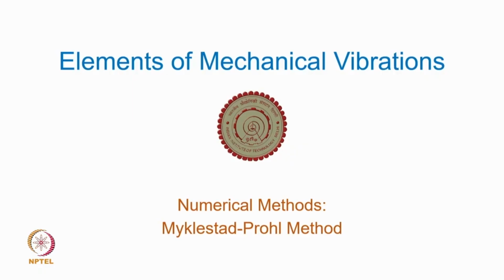Hello and welcome to this lecture of the course Elements of Mechanical Vibrations. In the previous session, we discussed a transfer matrix method for solving torsional vibration problems, which we know is called Holzer's method, wherein the transfer matrices are used to generate an overall transfer matrix representing the entire continuum, and then applying boundary conditions we can develop or find the frequency equation, which is iteratively solved.